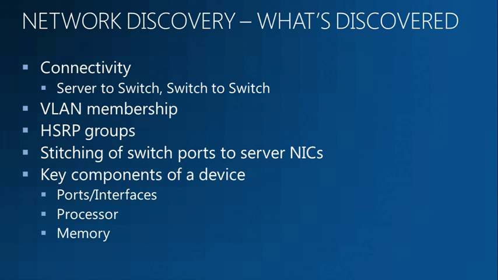In addition to that, we have the ability to discover the VLANs that exist on your network and also what endpoints are participating in a particular VLAN. And we're able to do a health model roll-up of that as well. For some of our Cisco customers, we support HSRP groups for high availability monitoring of those groups. We're also able to monitor key components of a device.